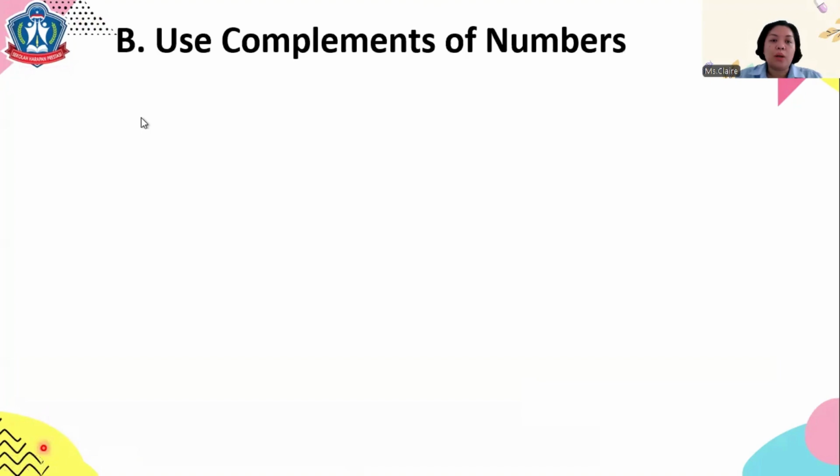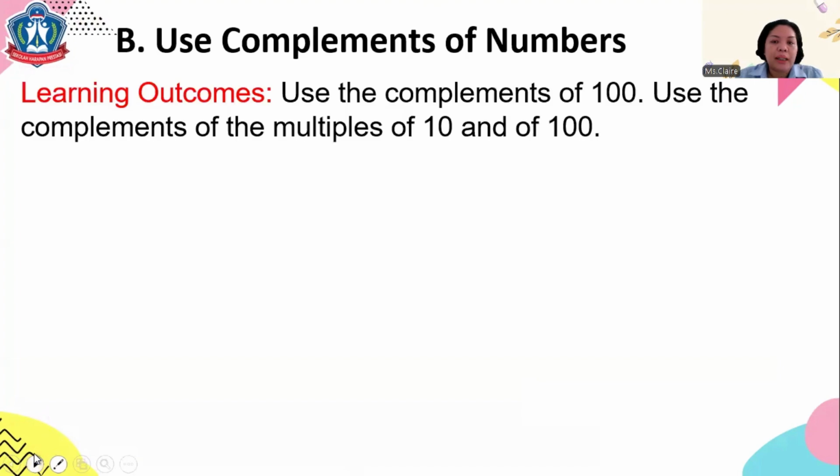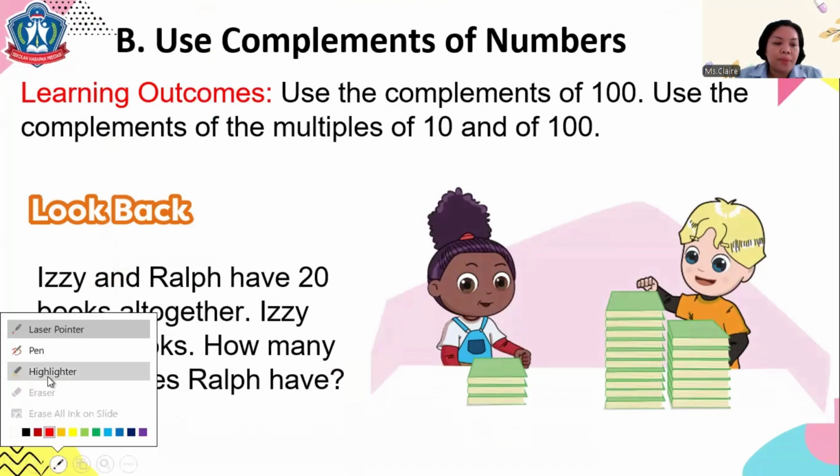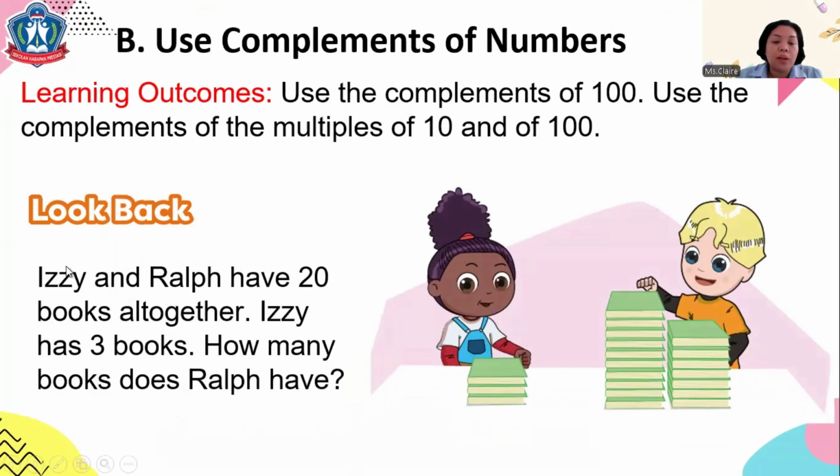Okay, now we will go to lesson B, which is using complements of numbers. What are complements of numbers? Okay, take a look here. We are going to study the complements of 10, multiples of 10, and multiples of 100.